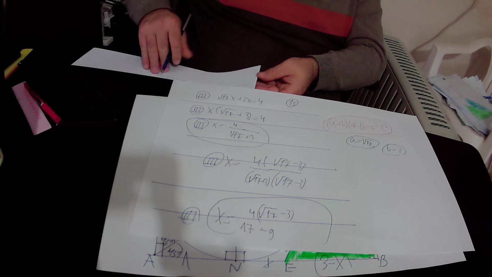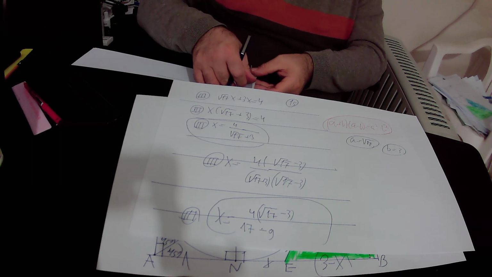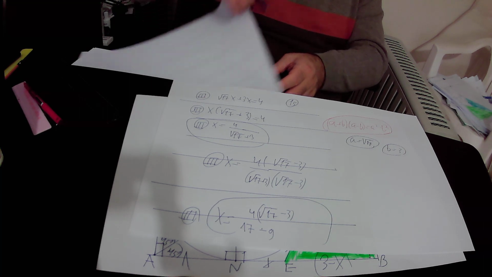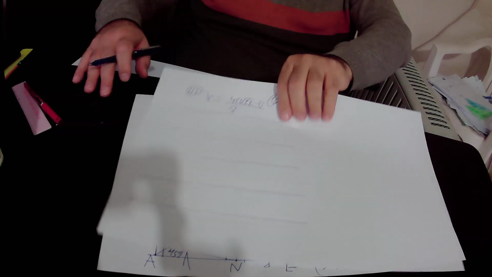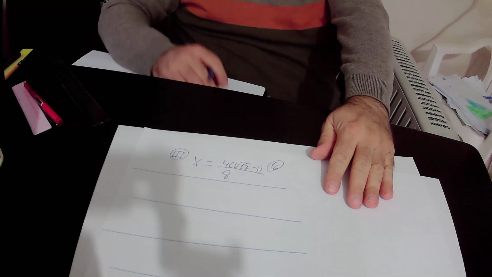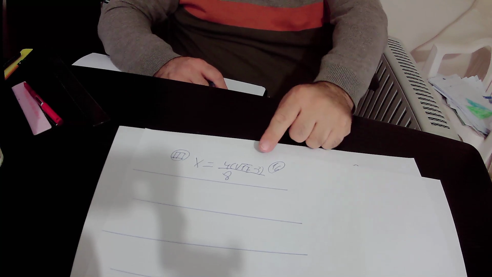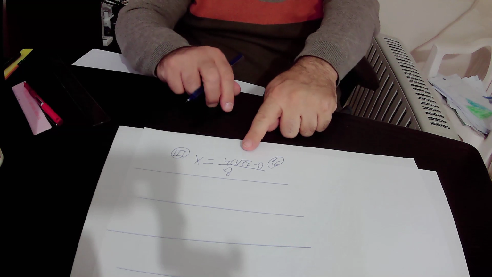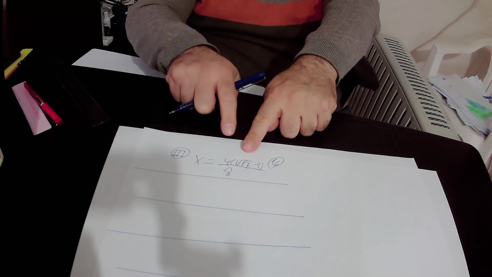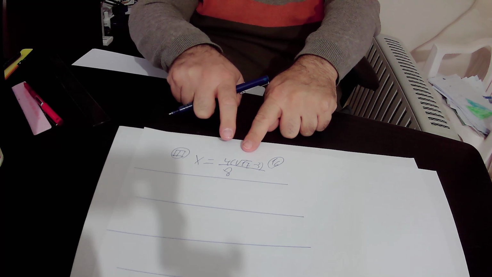So in conclusion, we got that x equals 4 times square root of 17 minus 3 over 8. We will divide this side of equation number 3 by 4. We will divide the numerator by 4, and also the denominator.